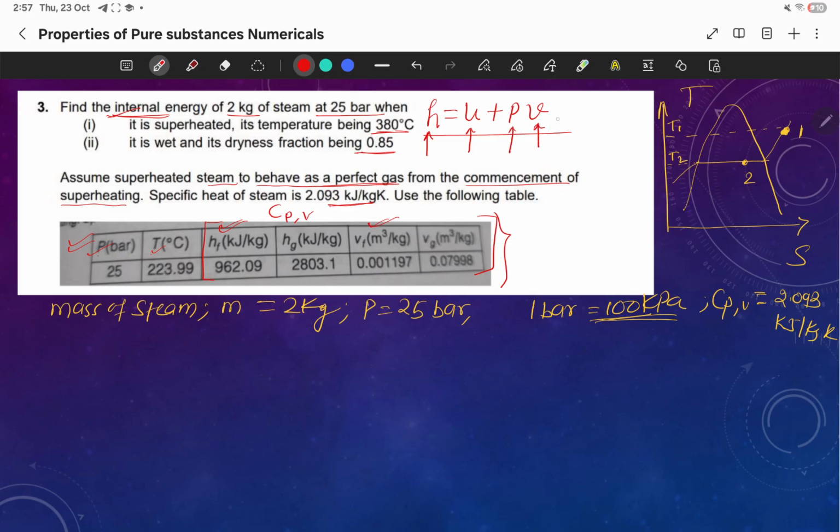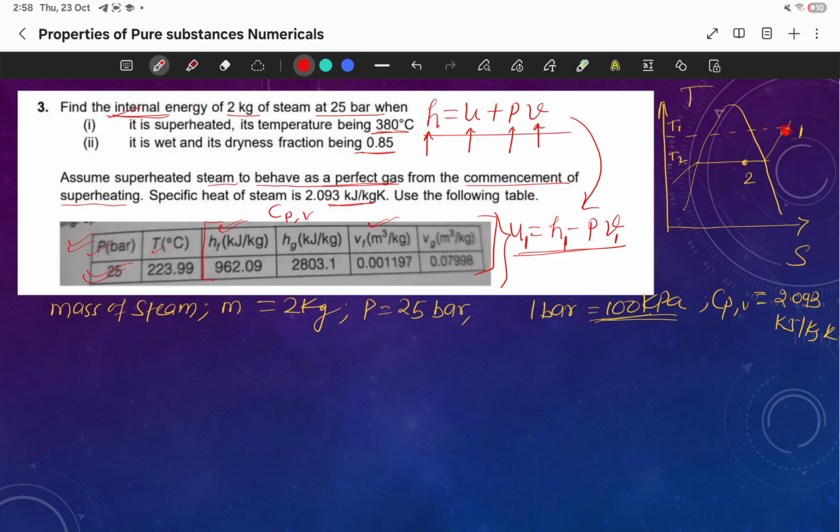Now I can write this equation like this: U equals H minus PV. Okay, so at this point 1, pressure is constant, it will be 25 bar. Now if I can calculate the enthalpy at point 1 and volume at point 1, then we will be able to calculate internal energy at point 1, right?